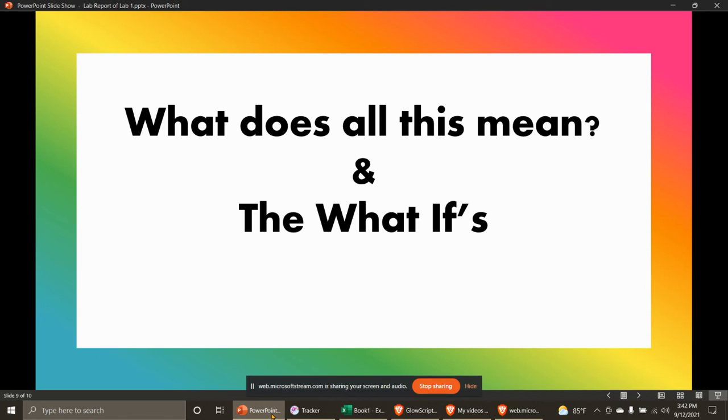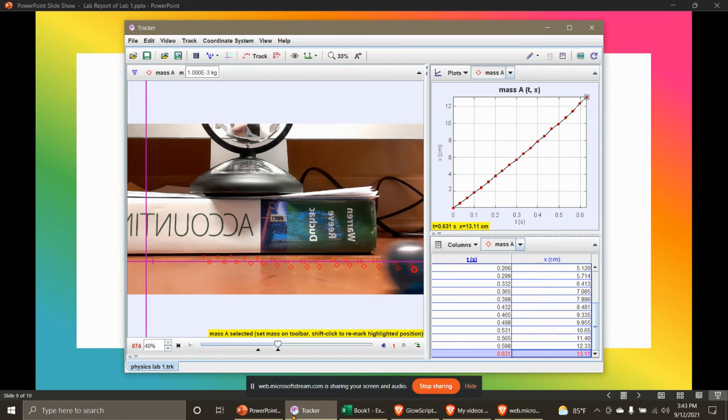So what does all this mean? This means that a couple of my assumptions were wrong or not that accurate. My tracker model had this on the positive x-axis.